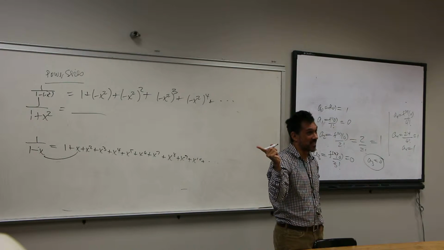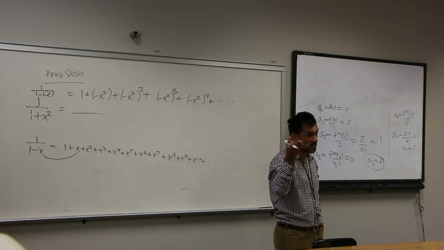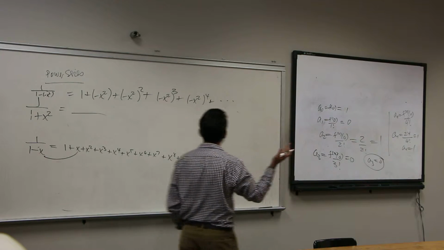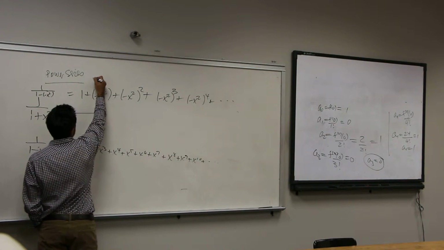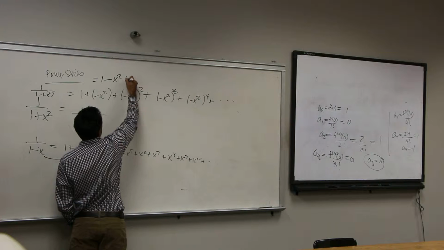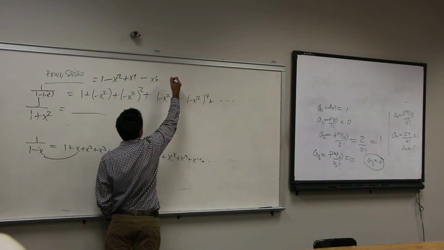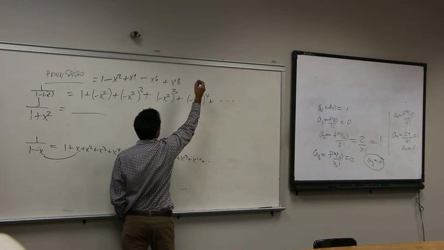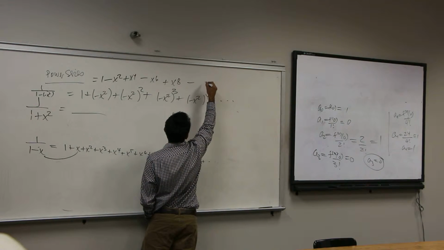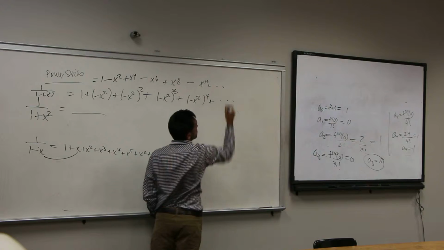The alternative was having to differentiate. What is it? 1 minus x squared plus x to the 4 minus x to the 6 plus x to the 8 minus x to the 10, etc.